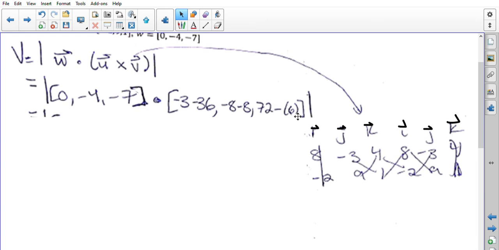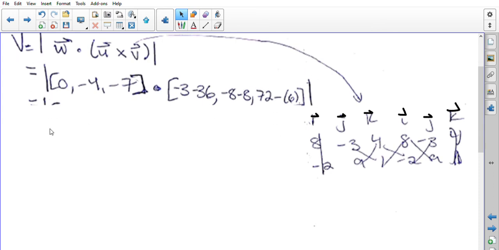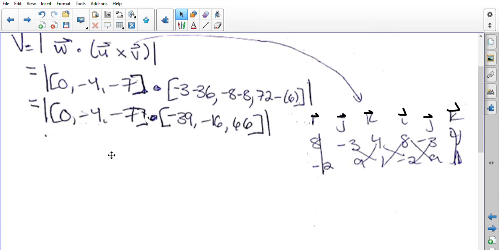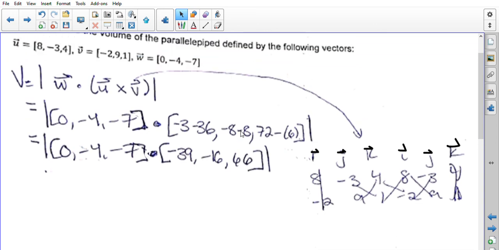I've plugged in vector W. This is the cross product, and you're maintaining the magnitude symbols all the way down. Our cross product simplifies to negative 39, negative 16, and 66. Remember, guys, the magnitude of this is the area of the parallelogram, which is the base of the parallelepiped.